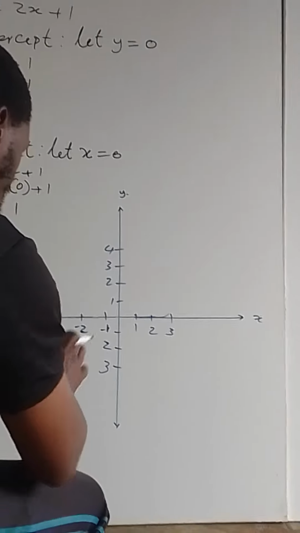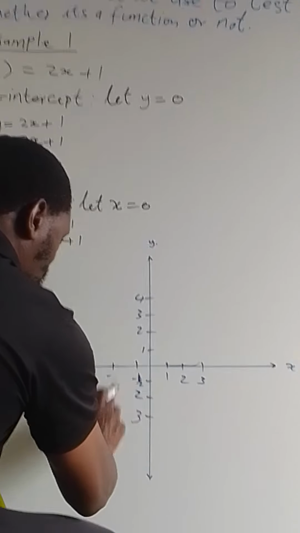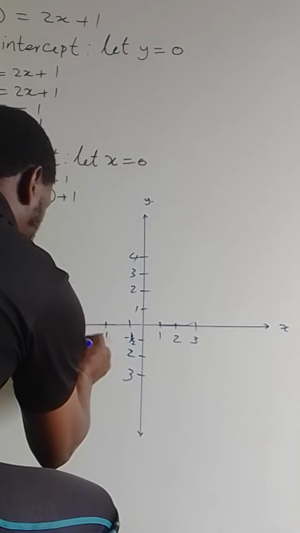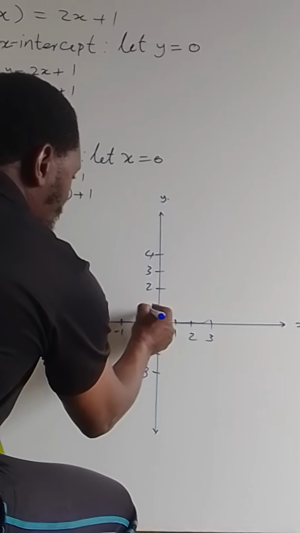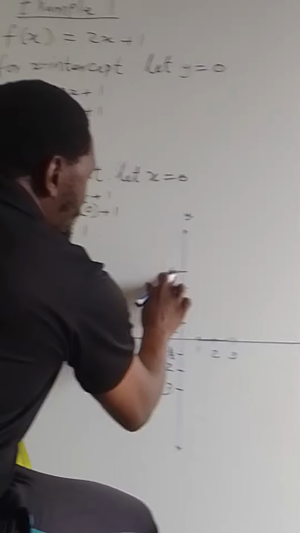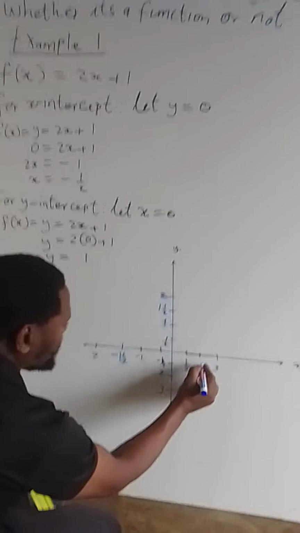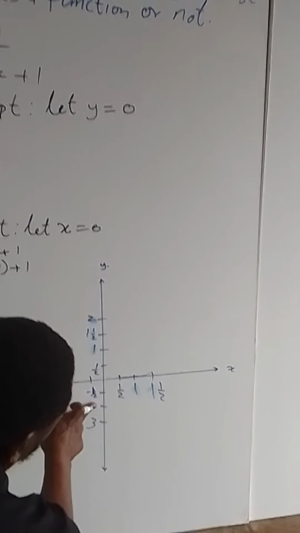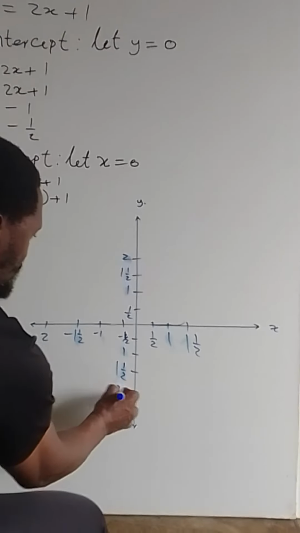Rather, let's call this 0, 1/2, and then this is going to be 1, then 1.5, then 2, for convenience's sake.